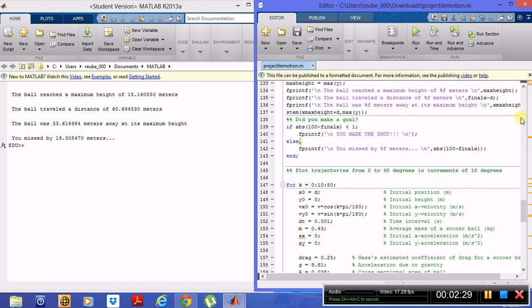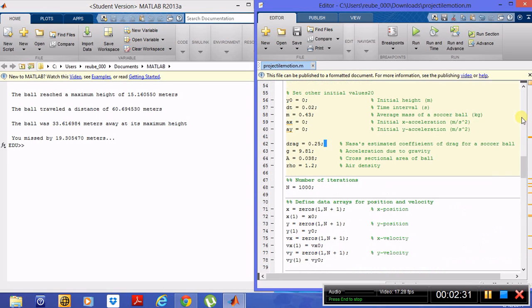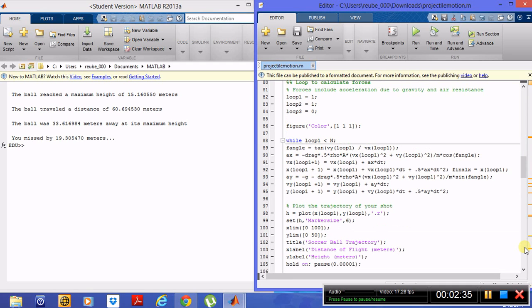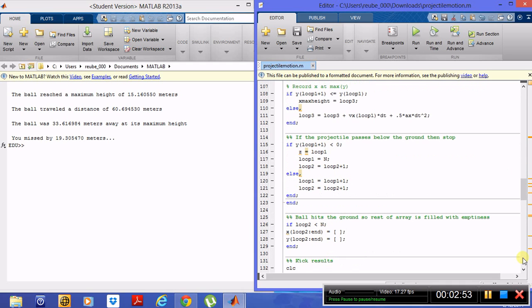let's see, back up here. It's getting away from me. I define my arrays for position and velocity. Here's my loop that actually calculates position and velocity through each iteration. And this plots just a dot for each iteration.